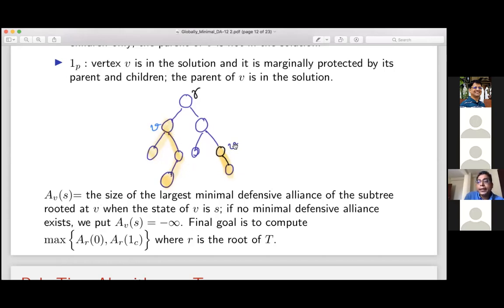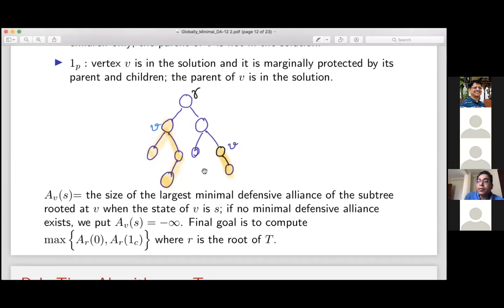What we'll do is solve our original problem on smaller instances, as is mostly done in dynamic programming: we solve the problem for a very small instance.